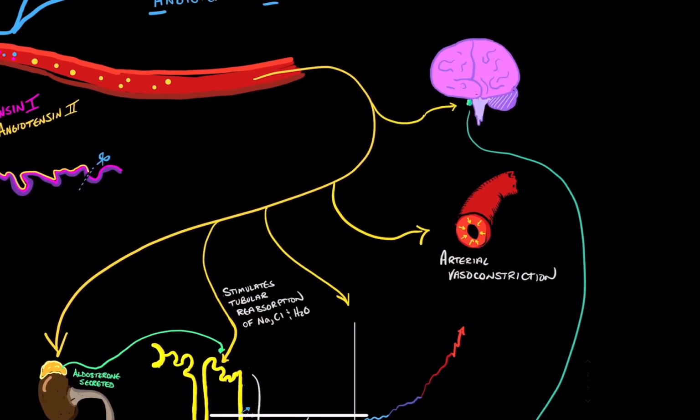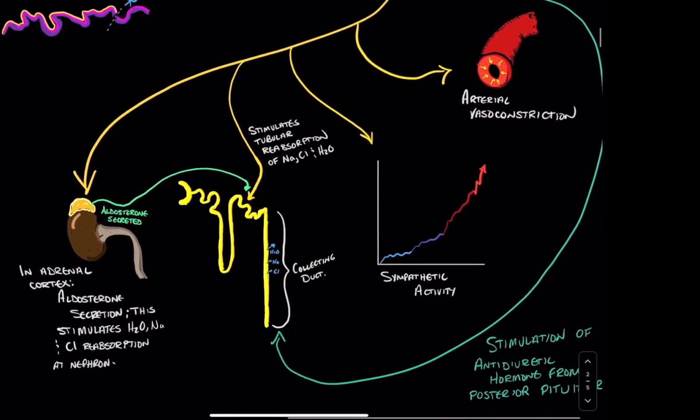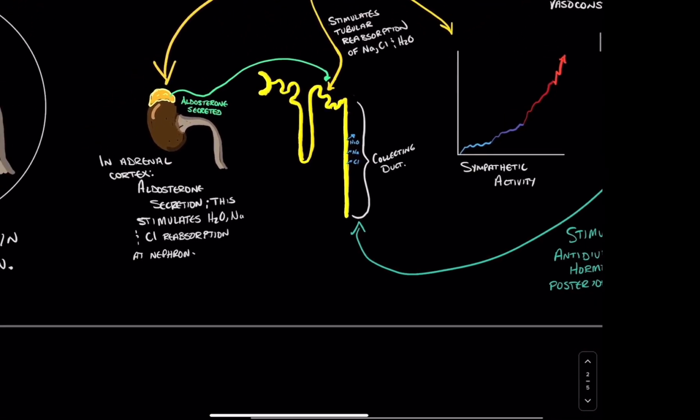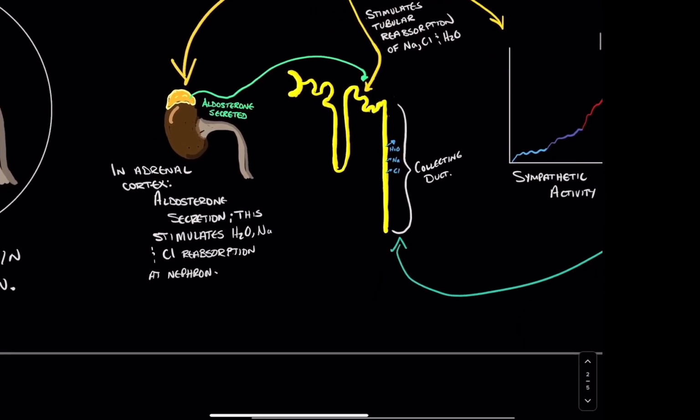And what this does is it goes into our systemic circulation, and it's going to act on a few different parts of the body, and we'll talk about them right here. The big one it does is it's going to make its way into the adrenal cortex, and it's going to cause the body to secrete what's called aldosterone, which is another hormone. And this is going to help stimulate the retention of water, salt, and chlorine in the nephron.